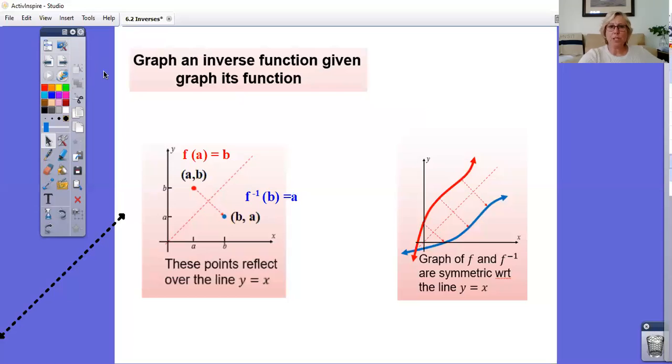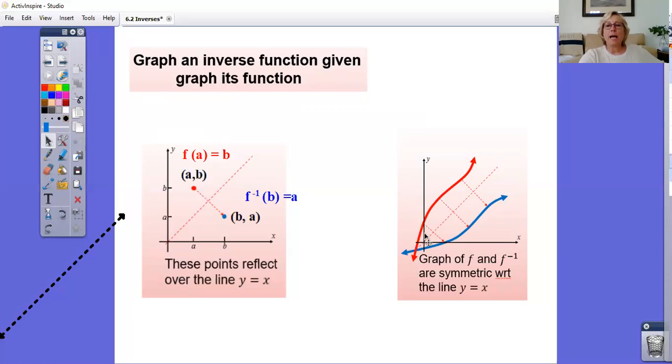Graphing inverses. So since we are switching the x and the y in the ordered pairs, we're going to do the same thing with the graph. So if my original has the point (a, b), my inverse has the point (b, a). Notice how I write the original function as f, and the inverse is f to the negative 1.